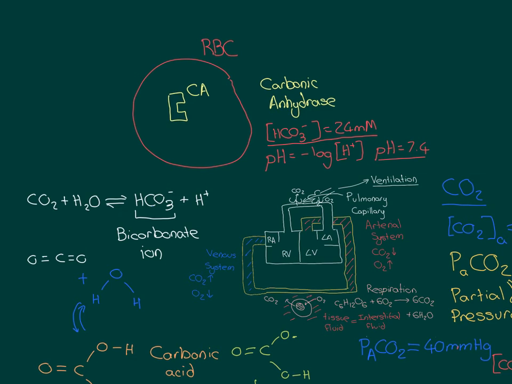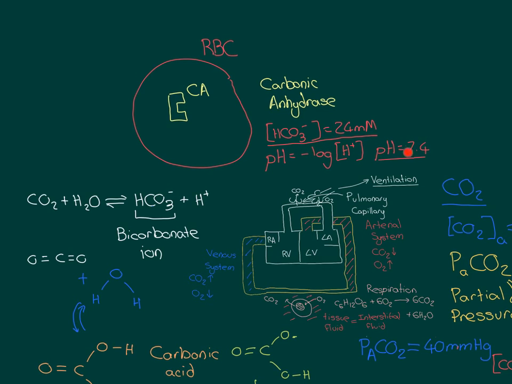So in arterial blood then, we have carbon dioxide dissolved. The partial pressure of arterial carbon dioxide is around 40 millimolar, and we now know that that dissolved carbon dioxide within the blood is going to be in equilibrium with bicarbonate and protons, and we know the concentration of bicarbonate and the concentration of protons, because you can easily get the concentration of protons from this.